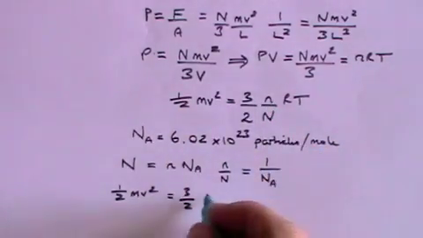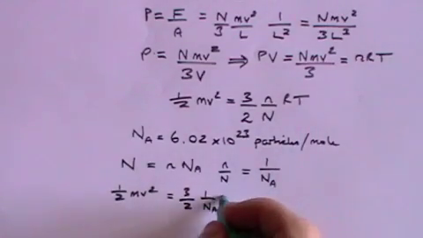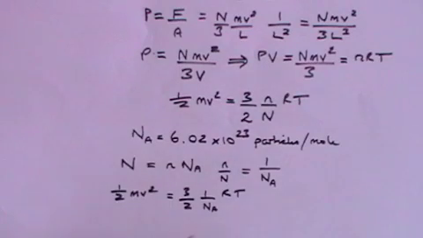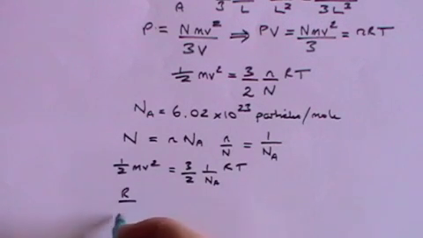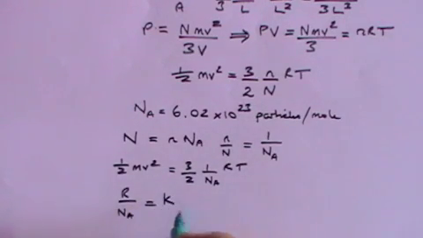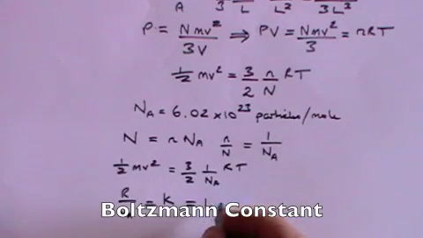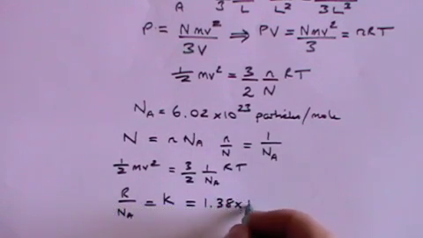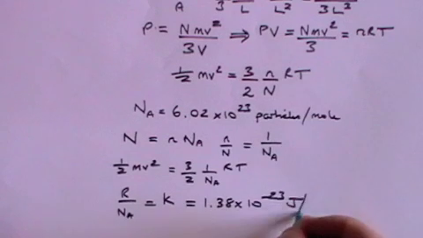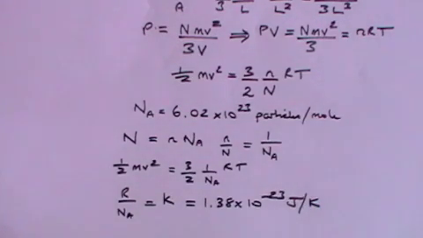N over n is now 1 over Na, RT. And since R is a constant and Na is a constant, we can define R over Na as a new constant which we shall call K. And K is called the Boltzmann constant, and its value is 1.38 times 10 to the minus 23 joules per Kelvin. And what we can say is that R is the gas constant for 1 mole of gas, whereas K is the gas constant for 1 particle or 1 molecule of gas.